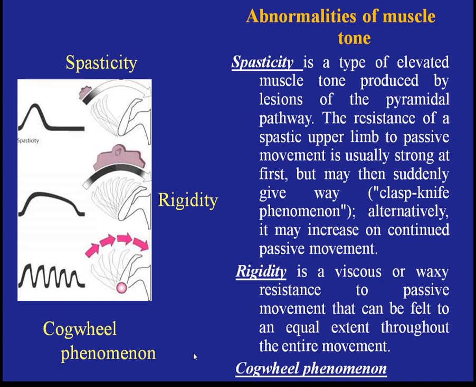So, I want to compare on this slide different modalities of hypertonicity. You are to distinguish them. In case of spasticity, type of elevated muscle tone produced by lesion of the pyramidal pathway, the resistance of a spastic upper limb to passive movement is usually strong at first, but may then suddenly give way, clasp knife phenomenon.